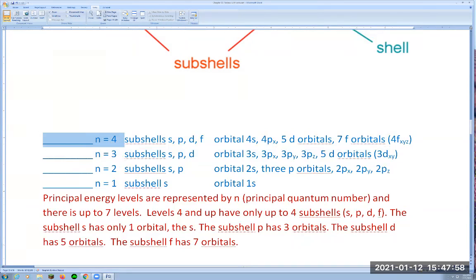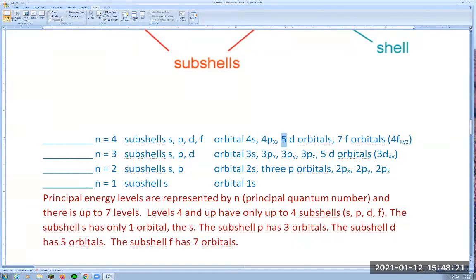And then in the fourth shell, there are 4 subshells, the S, P, D, and F. Again, the 4s orbital, you have 3 p orbitals, 5 d orbitals, and 7 f orbitals. So these numbers have to be learned by heart, right?